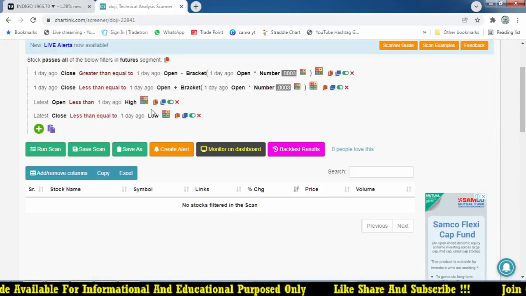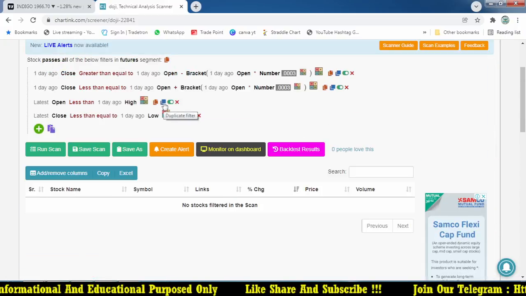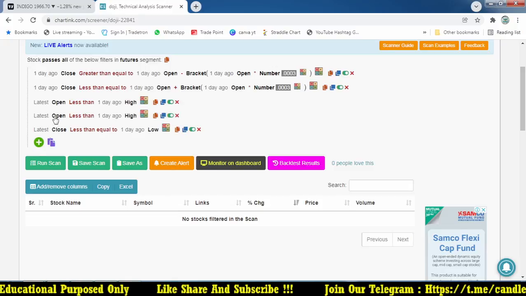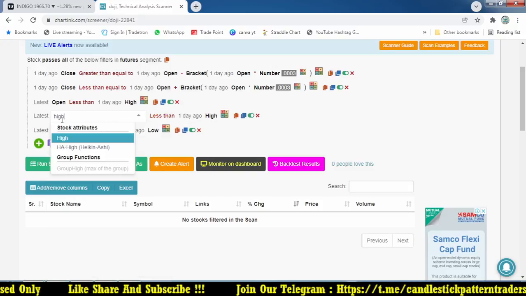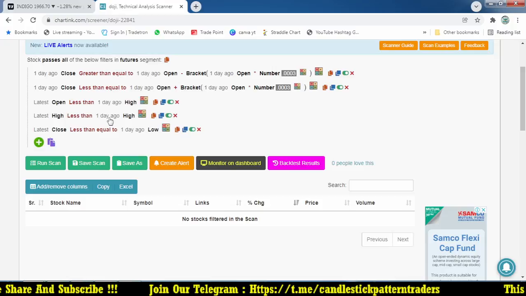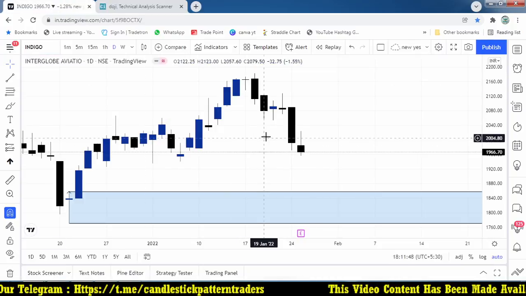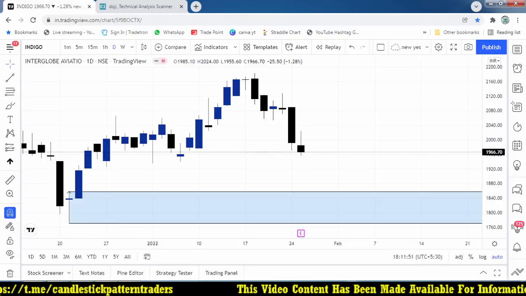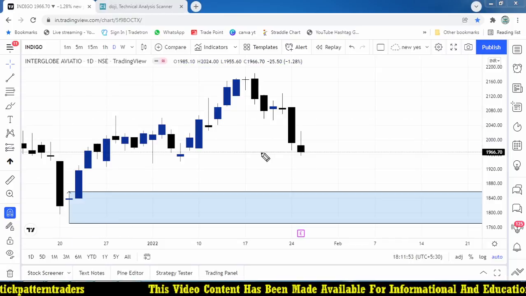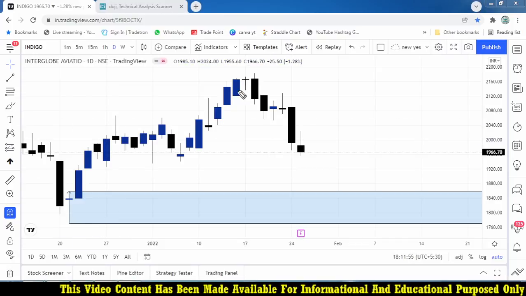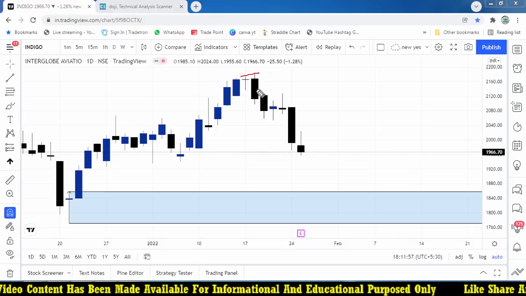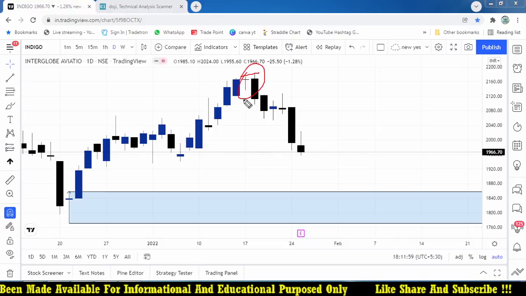And one more condition I'm going to add: the latest high must be less than the high one day ago. Meaning, the condition I'm giving you here is that this second day's high should not be greater than this high. That is the condition I'm going to focus on.